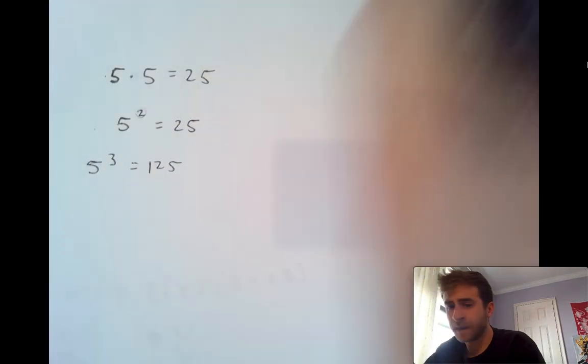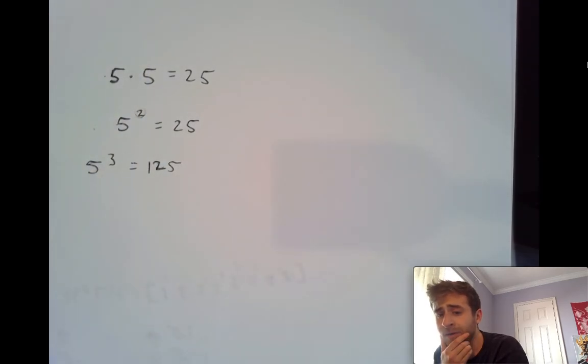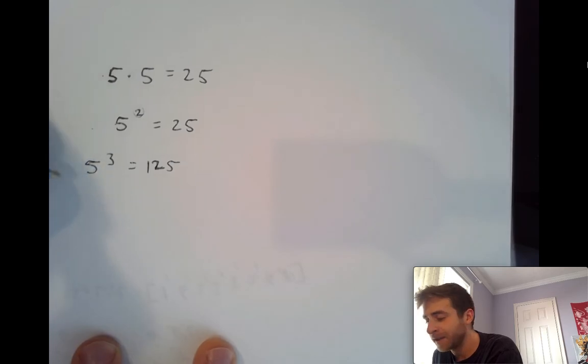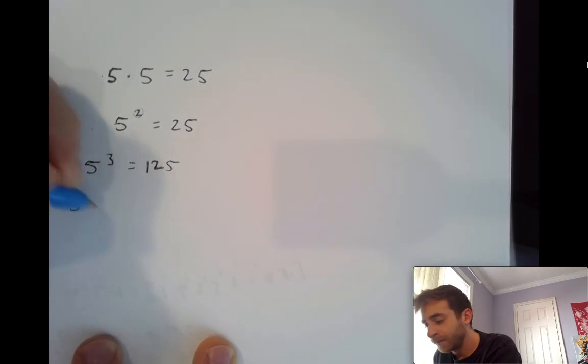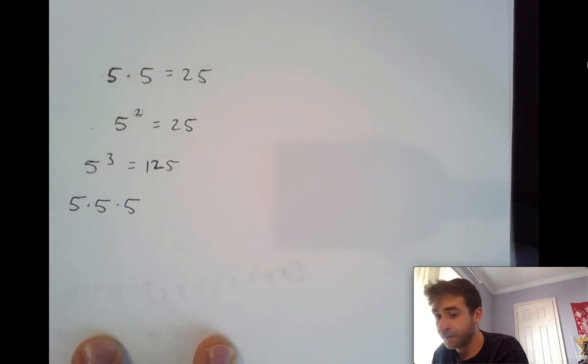But also, without using a calculator, you could write this as, well, I know that this exponent of 3 just means I'm doing 5 times 5 times 5, right?